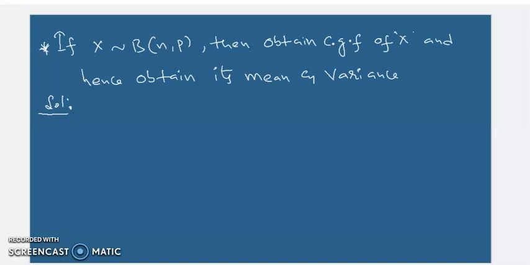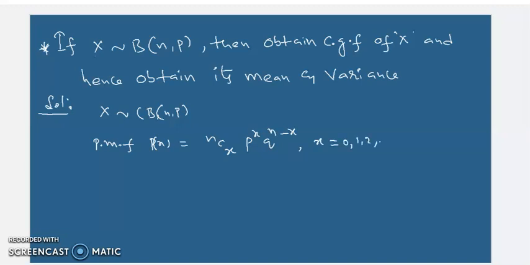Solution. Since X follows B(n, p), we have the probability mass function formula: P(x) is equal to nCx p^x q^(n-x), where x is equal to 0, 1, 2 and so on up to n.